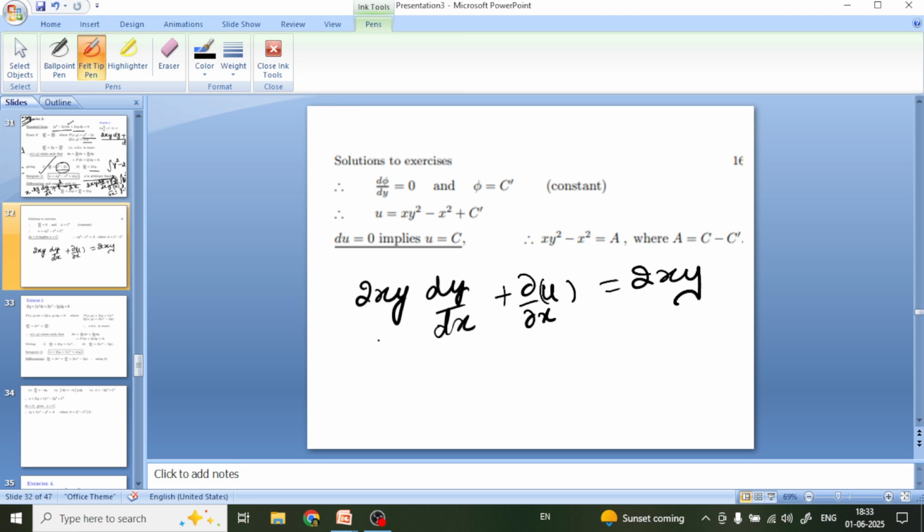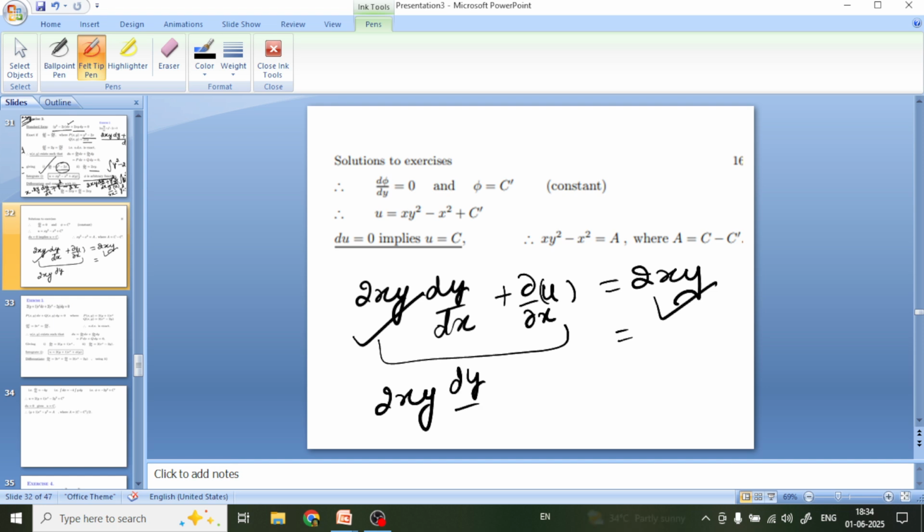This is your first equation. When we write it equal to the second equation, you can see 2xy dy over dx minus 2xy, the derivative of u.